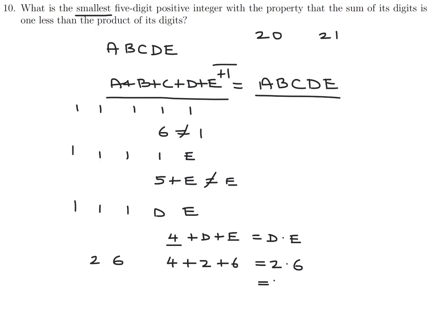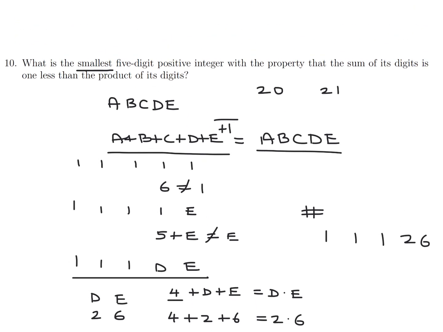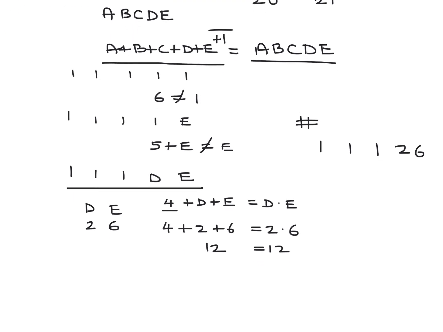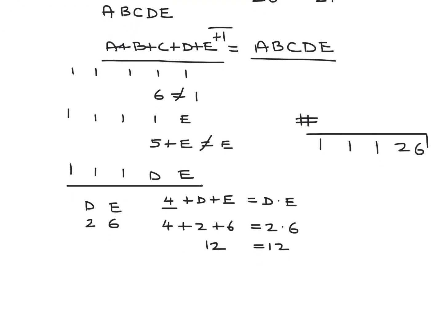So that's 12 and 12. Aha, got it. So this works with D and E being 2 and 6. So the number is 1, 1, 1, 2, 6. Now, the key thing is that they want the smallest, because I'm sure there are other numbers that would work, but this is the smallest one.